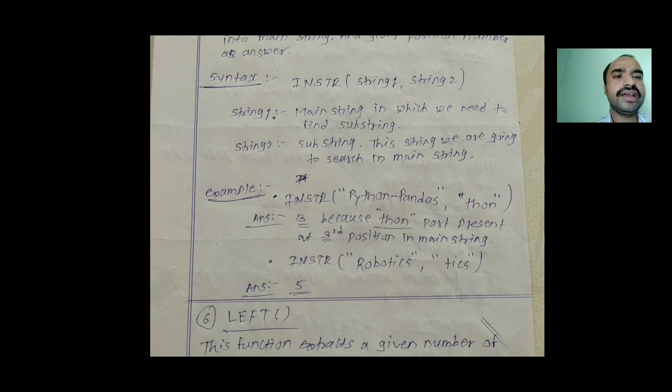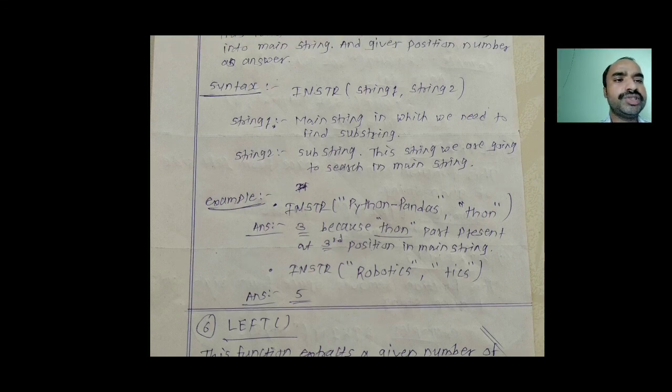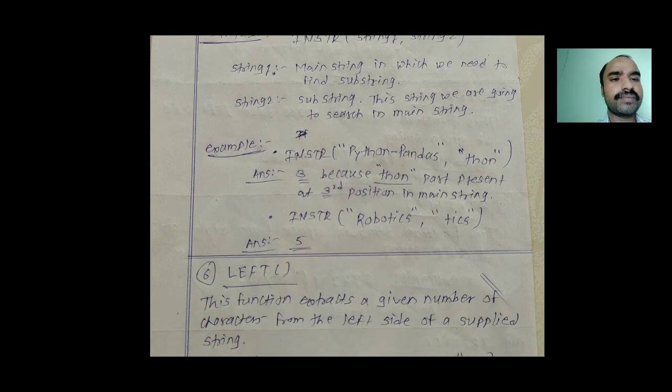So the answer is 3, because the thon part is present at the third position in the main string. The next example is instr robotics comma tics. Now we want to find the position of tics, meaning T's position. The answer is 5, because in robotics, tics starts at the fifth character.